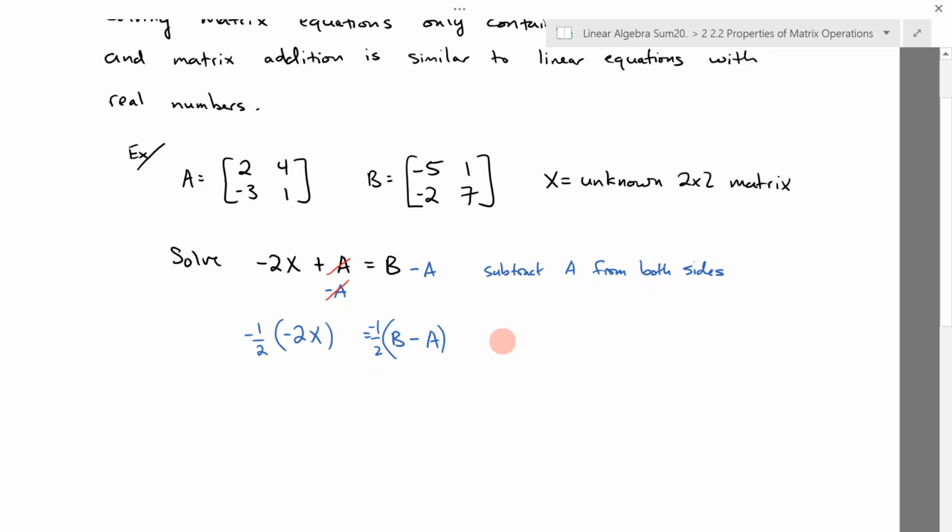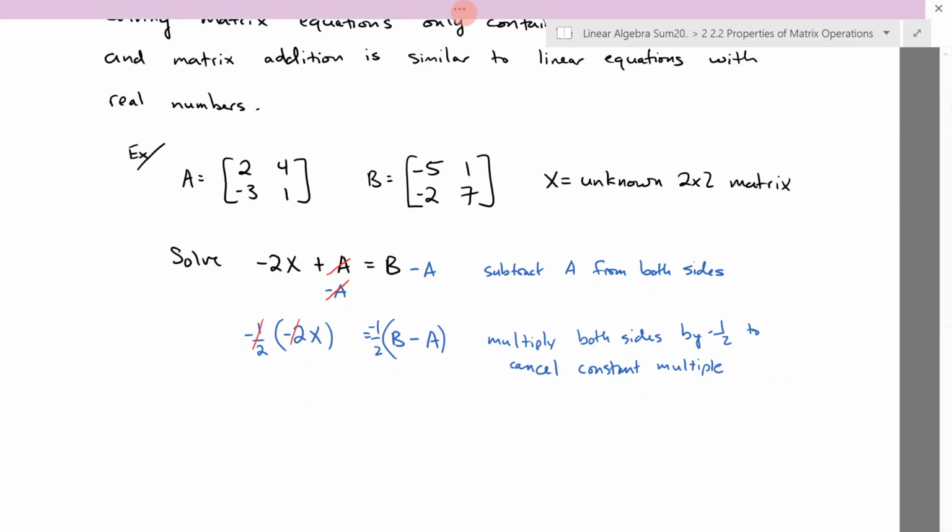So I multiply both sides by minus 1/2 to cancel the constant multiple. And then this cancels out, and now the X is by itself. So we get X is equal to minus 1/2 times the quantity B minus A.